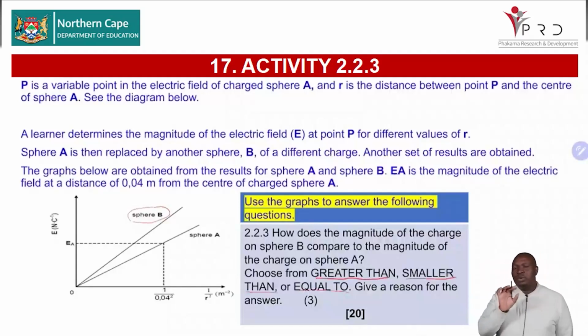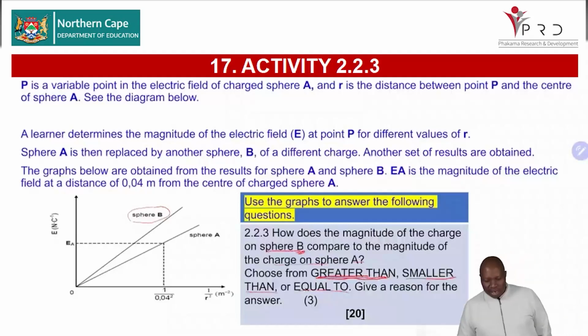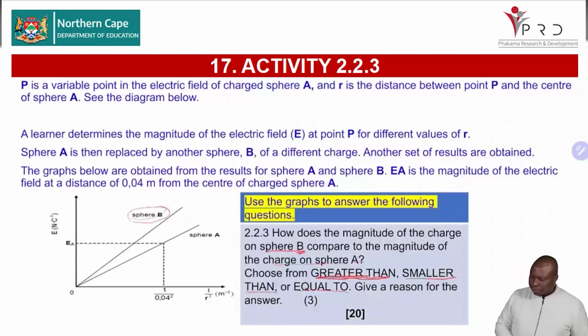What is important when you are responding to this type of question, learners, is that we started with B. You are comparing B with A. So if you say greater than, you are simply saying that the charge on sphere B is greater than the charge on sphere A. That's what the word greater than means, which is correct.